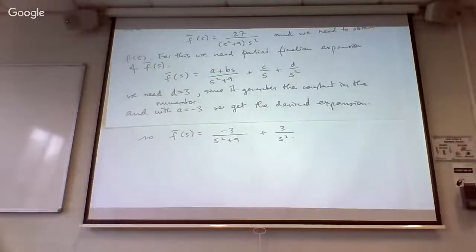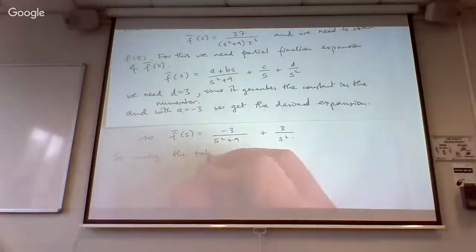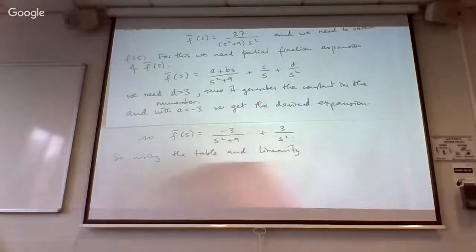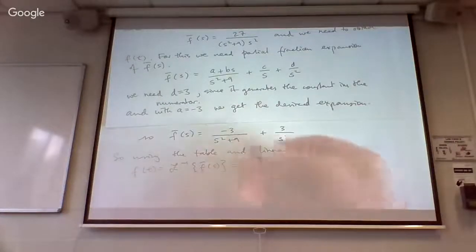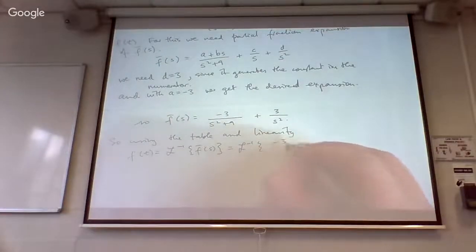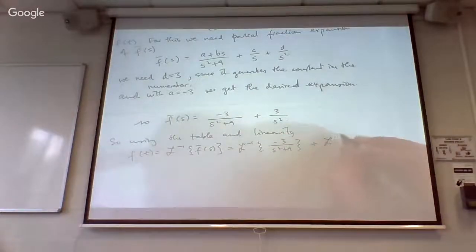So, we want the inverse transform of this f bar. We want the f of t. So using the table and linearity, we can say that f of t, which is the inverse transform of f bar of s, is the inverse transform of these two. These you can find on the table, or you can find multiples of them on the table.